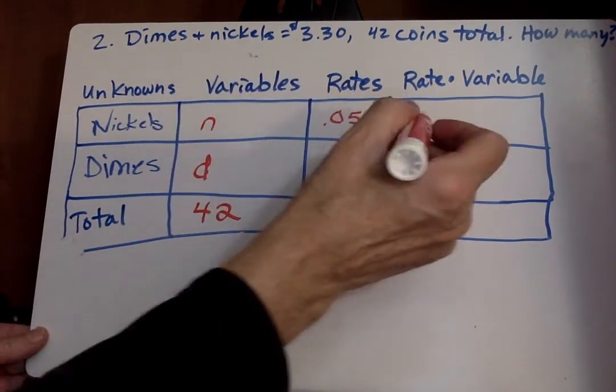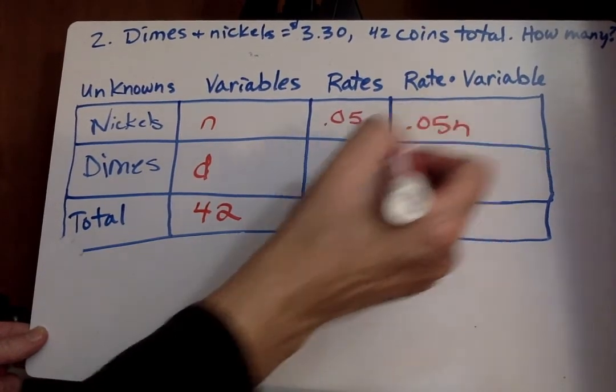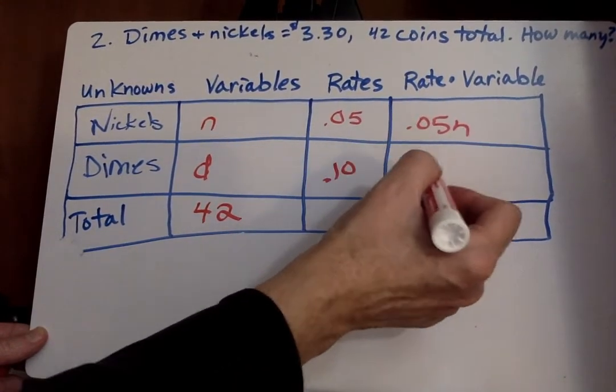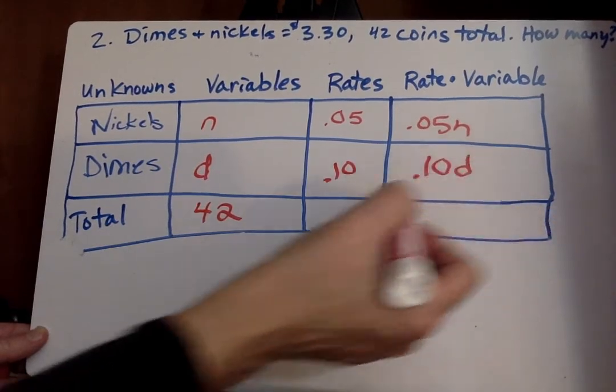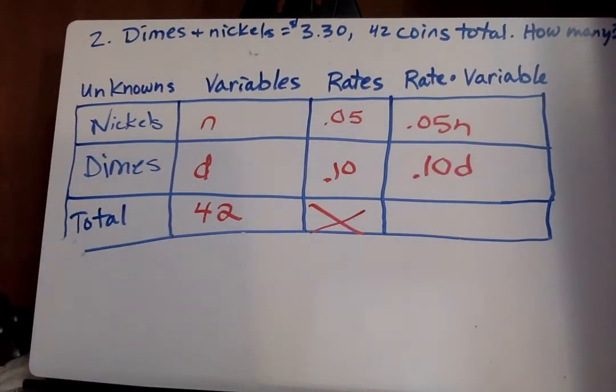So our rate times the variable is 0.05 times N. And this is times the dimes. And let's see. Oh, and we cross that out. How much money total was there? $3.30.